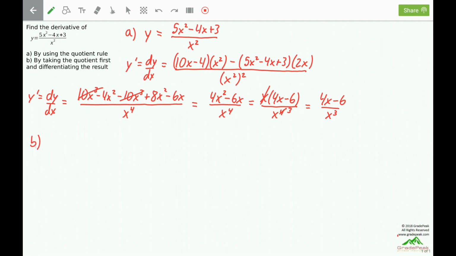For part B, y, which is 5x squared minus 4x plus 3 over x squared, has a single term in the denominator. So each term in the numerator can be separated over that single term in the denominator, common denominator.